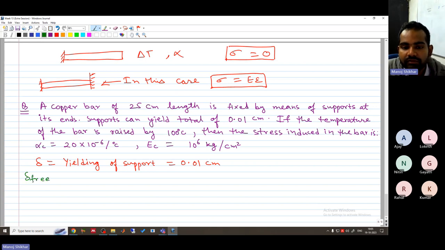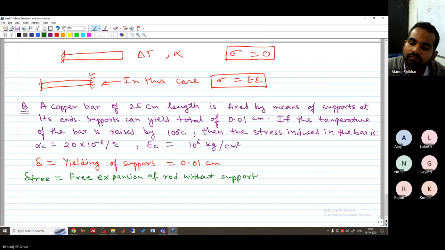Suppose the rod was free, then how much would it have expanded? So the free expansion of the rod without supports is alpha L delta T. They've given L as 25 centimeter, delta T as 100, and alpha is here.